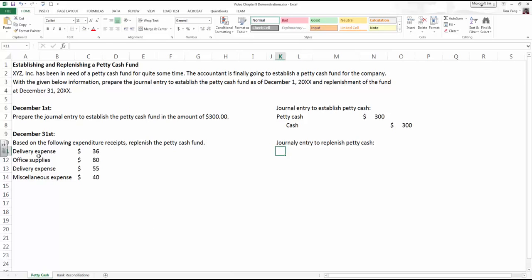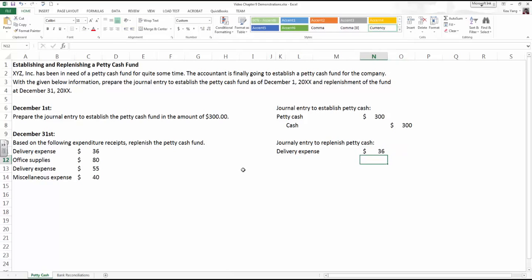So based on the following expenditure receipts, replenish the petty cash fund. I'm going to take these expenses and make a journal entry to record them in our accounting system and then replenish the petty cash. So my first debit will be to delivery expense, and that expense is stated at $36.